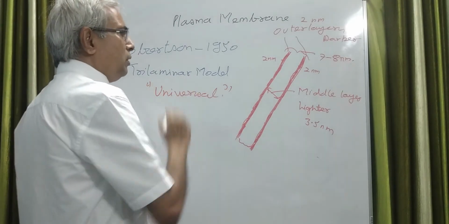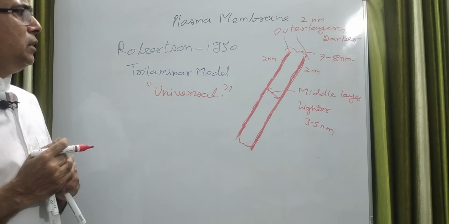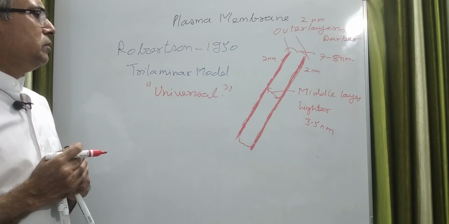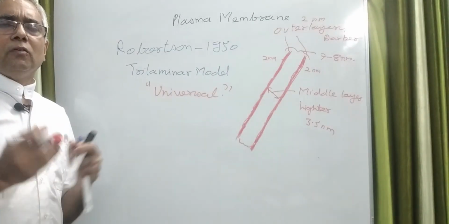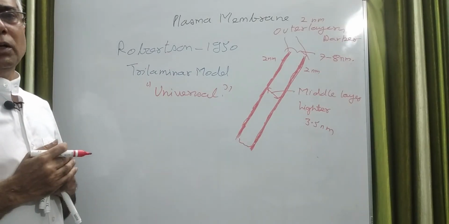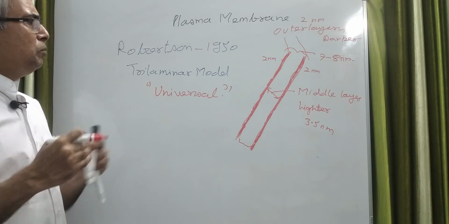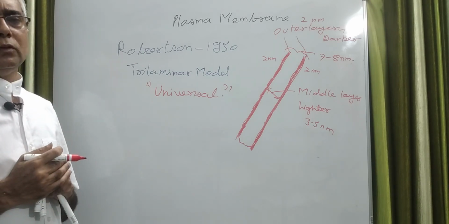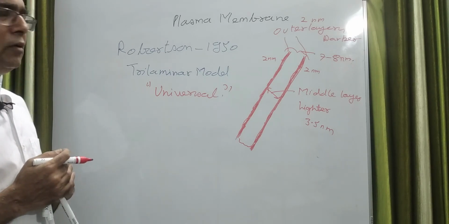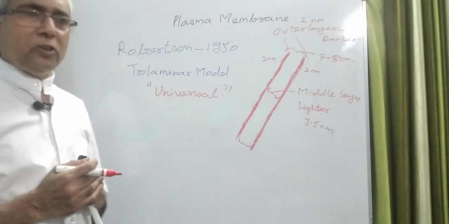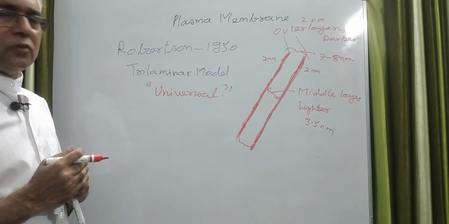The universality of this model was the most important thing, but it could also not explain all the functions, all the activities which take place inside the plasma membrane. So the newest model, which is in fact the most accepted model, is the fluid mosaic model, which came into existence in 1972 and which you will see in my next video.